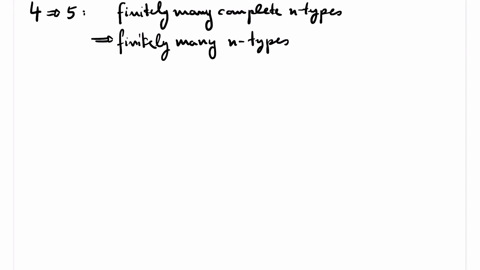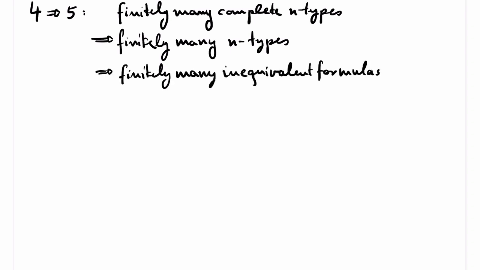So if there are finitely many complete n-types, there must also be finitely many n-types. Finally, the number of n-types clearly provides an upper bound for the number of inequivalent formulas, because every satisfiable formula with free variables x1 up to xn is in particular an n-type. This concludes the proof that 4 implies 5.